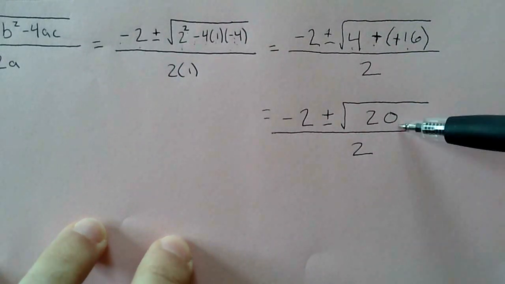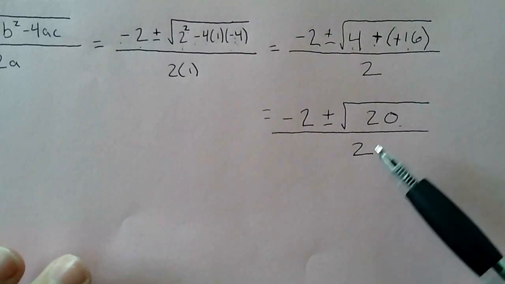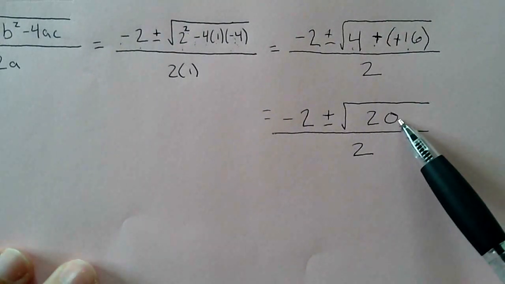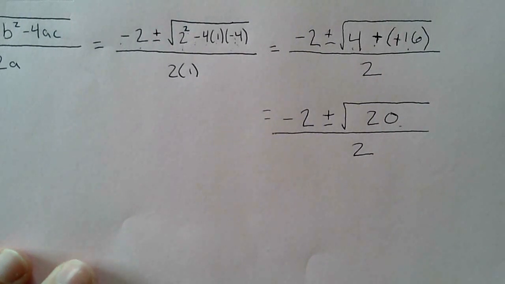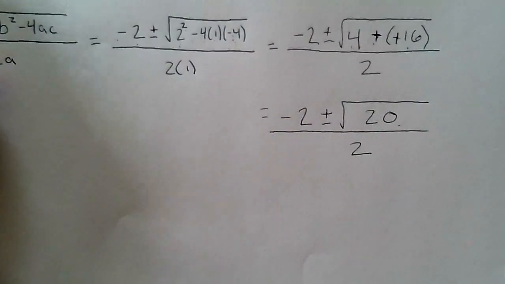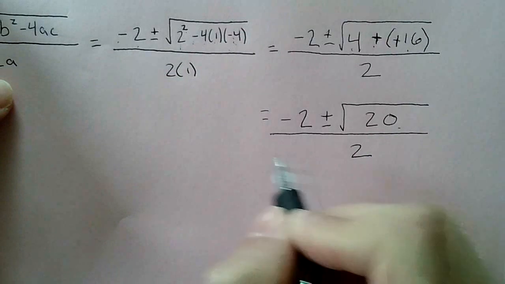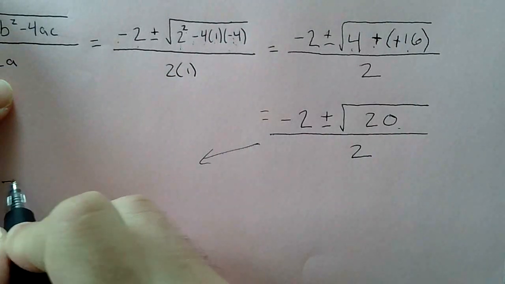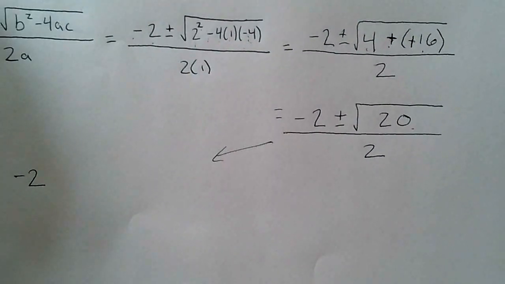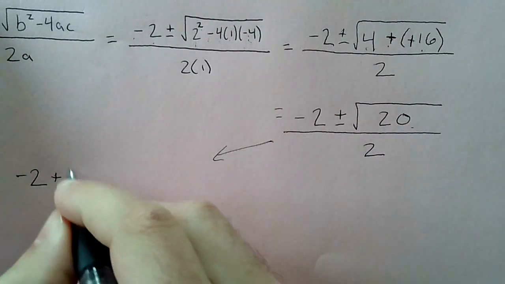All right, I have a positive discriminant, which means I have two solutions. This is not a perfect square though, so my answers are not going to be nice. They're going to be decimals, or decimal x-intercepts. So let's go ahead and write it like this. We're going to go -2 plus the square root of 20.